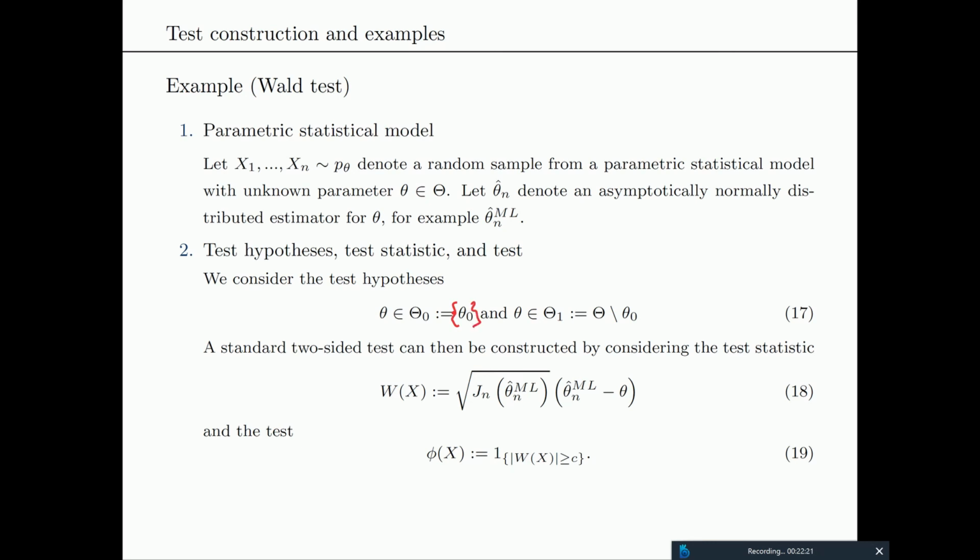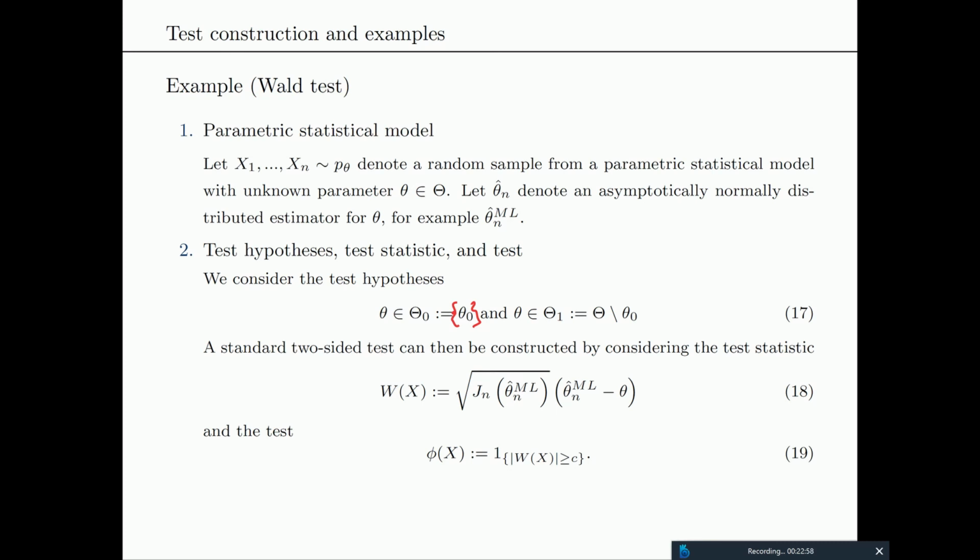And now we use the test statistic W_x, which is given by the square root of the observed expected Fisher information at the location of the maximum likelihood estimator, times the maximum likelihood estimator minus the true but unknown parameter value. And this is what we established two or three weeks ago to be asymptotically normally distributed for a large number of samples. And so that's the Wald statistic, hence also the Wald test.